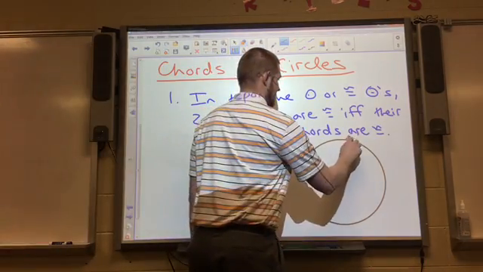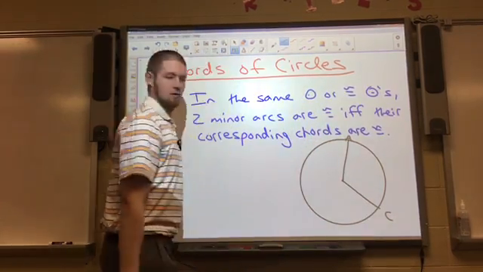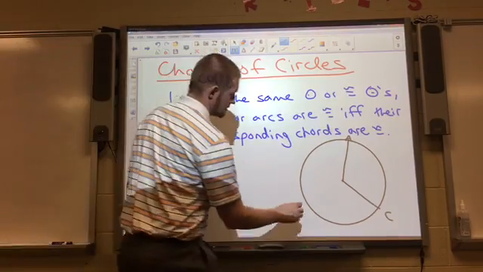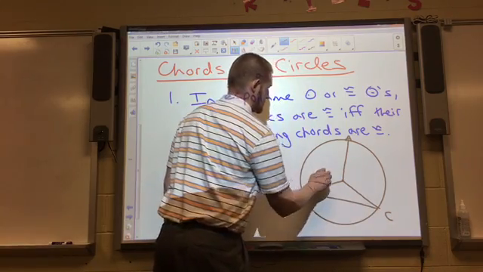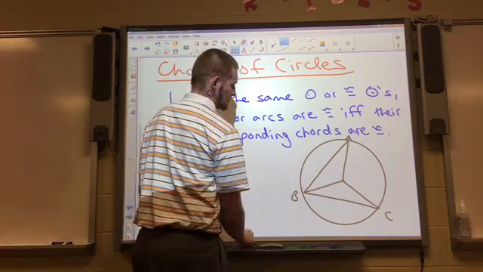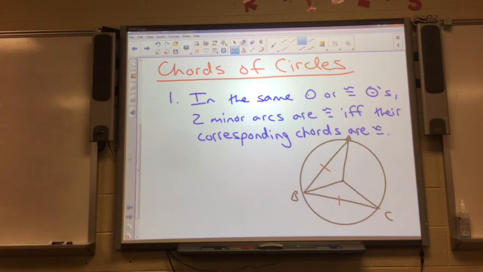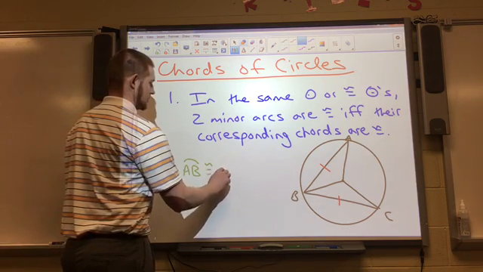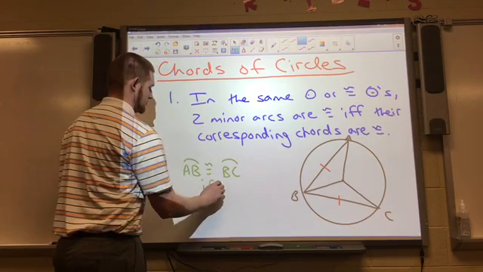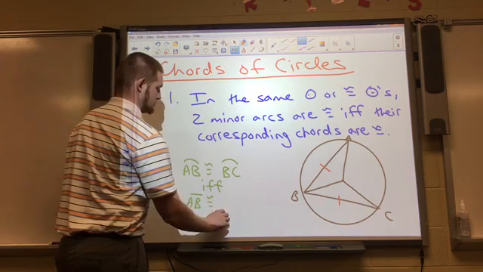Okay, so I have A, C, and B. And basically what this theorem tells us is that arc AB is congruent to arc BC if and only if segment AB is congruent to segment BC.